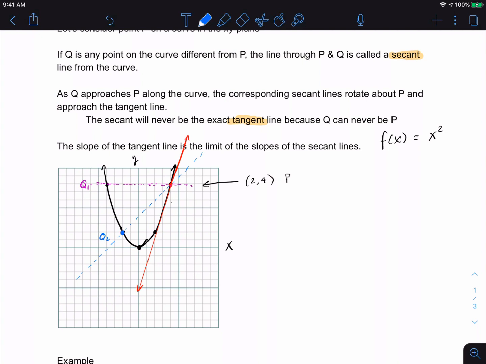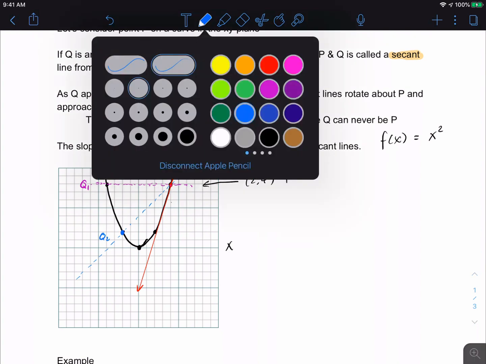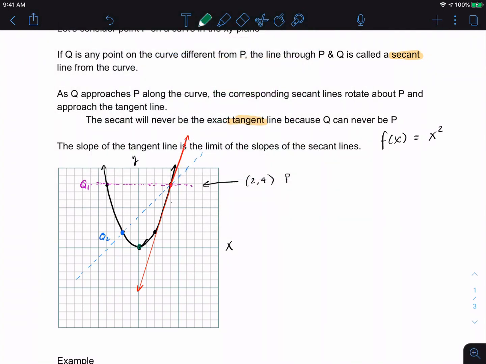The X value is moving to the right to get closer and closer to P. Let me do one more. And Q3 is even better than Q2, right?